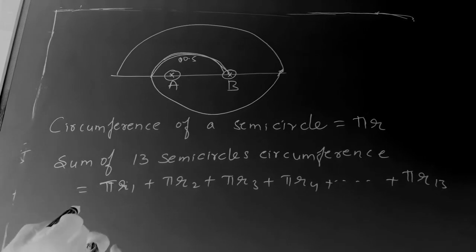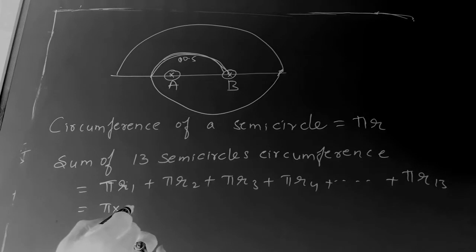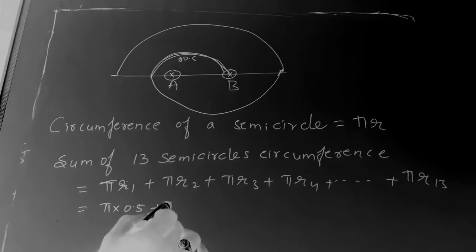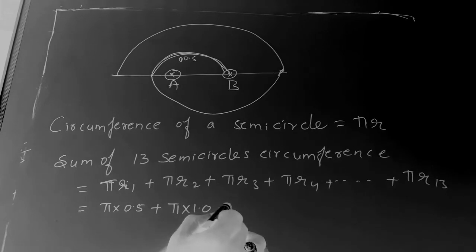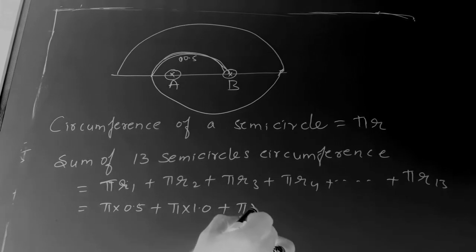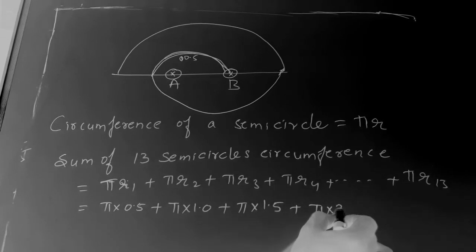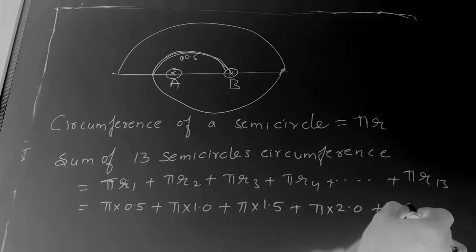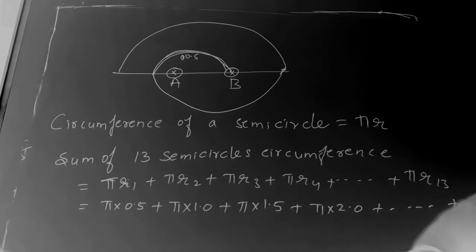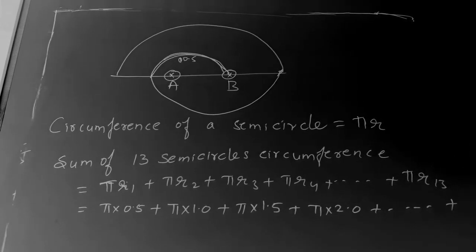Now what is the radius of the first semicircle? Pi into 0.5. The second semicircle, pi into 1.0. The third, 1.5. The fourth semicircle will be 2.0, and so on up to 13 semicircles.